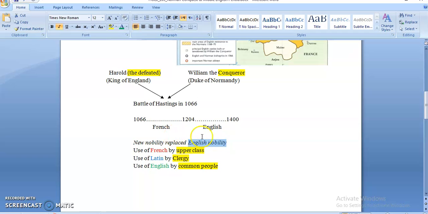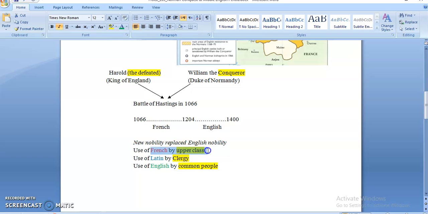Some of the high-ups were killed at the Battle of Hastings on the battlefield, and some who remained there were declared as traitors. So gradually all were replaced, and people who migrated from Normandy to England were given the status of nobility. So this nobility in England spoke French.